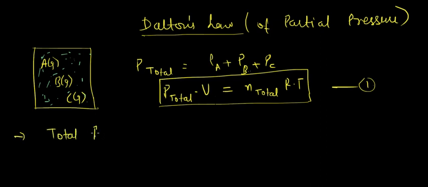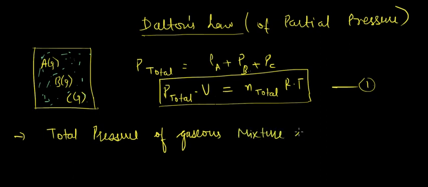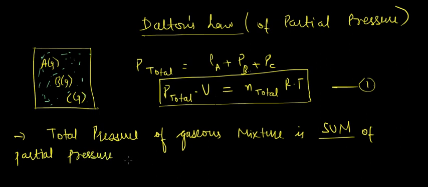So total pressure of gaseous mixture is sum of partial pressure of all gases present in vessel.